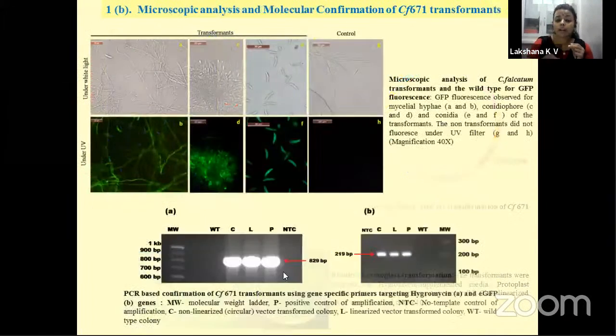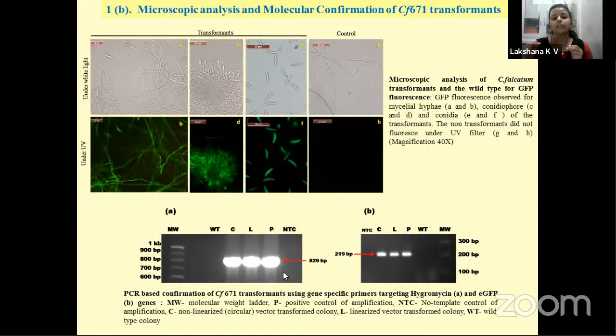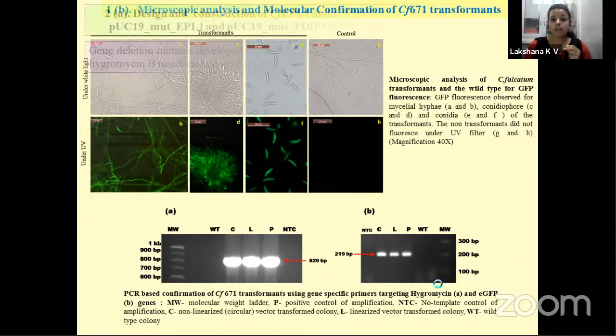Further, since the vector is tagged with GFP, the transformants exhibit green fluorescence, namely the mycelia, conidiophores, conidia, everything exhibits green fluorescence under UV, whereas the control doesn't. The transformants were confirmed at the molecular level by PCR targeting hygromycin and eGFP. Hence, these GFP transformants can be used for later studies.